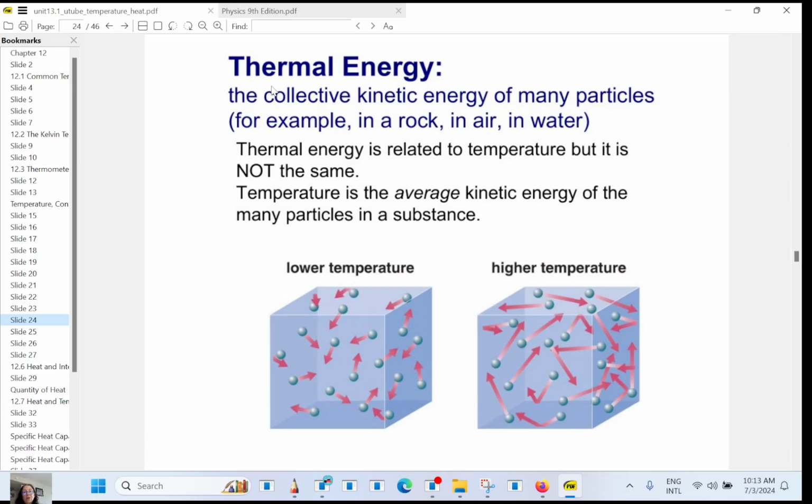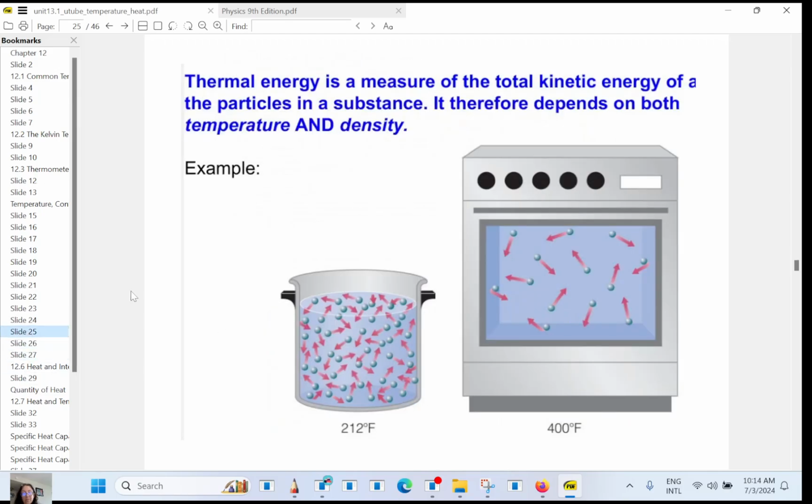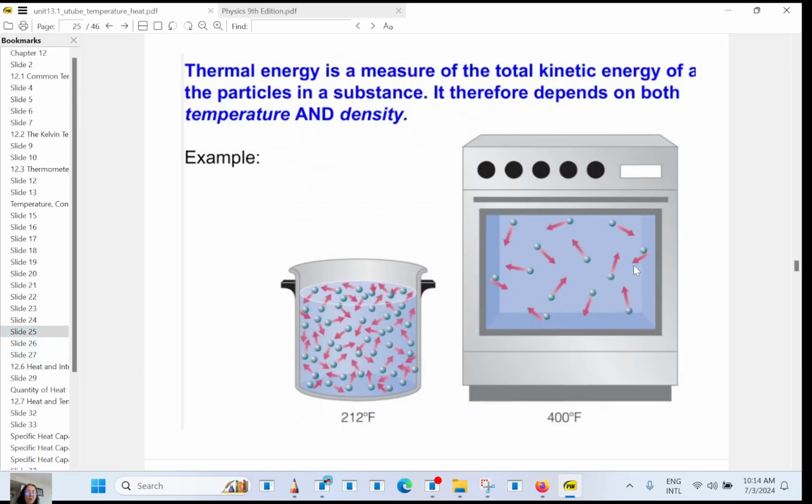Now, what we call thermal energy depends on the density. So you need to find the total amount of kinetic energy, whereas temperature is the average kinetic energy per particle. So, for example, here you have an oven at 400 Fahrenheit, and here you have boiling water at 212 Fahrenheit.